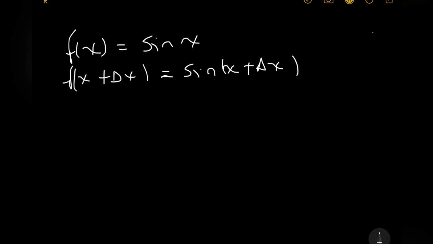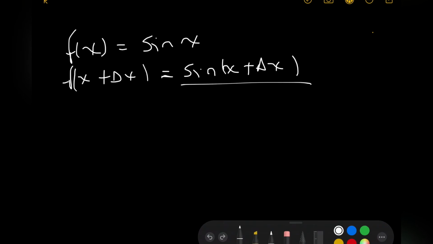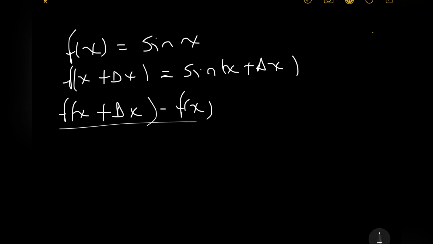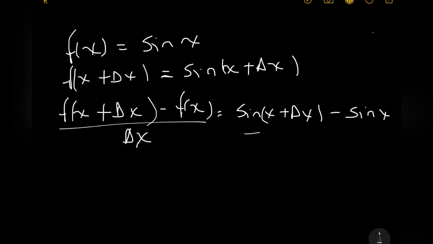The next step is to subtract sine x from what we have here and divide it by the small change in x. So f of x plus delta x minus f of x over delta x is equal to sine of x plus delta x minus sine x over delta x.